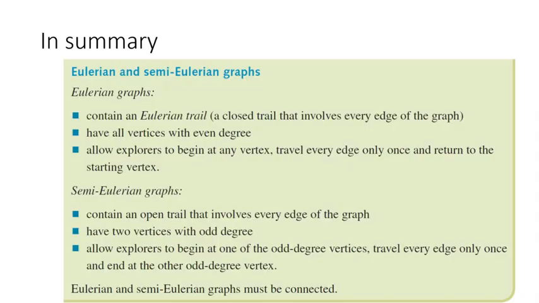So the difference between them: Eulerian, everything is even. You can start and end anywhere, but where you start will be where you end.